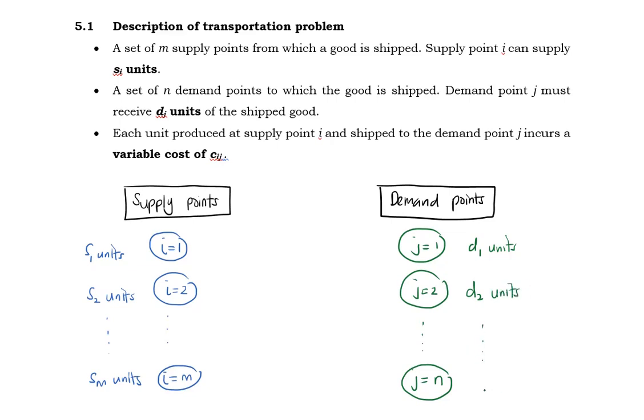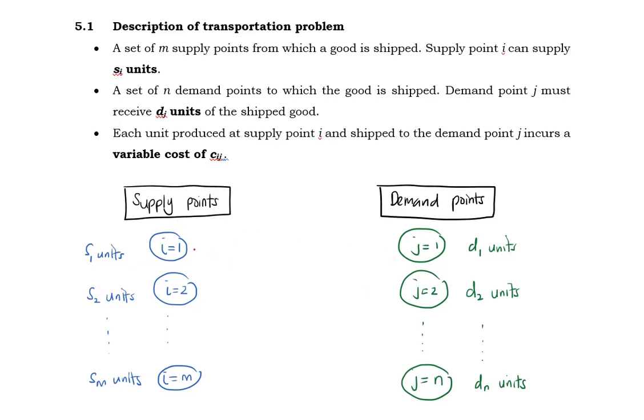And the n-th demand point must receive dn units of goods. And each unit produced at supply point i and shipped to demand point j incurs a variable cost of cij. This means every supply point needs to deliver goods to each demand point.